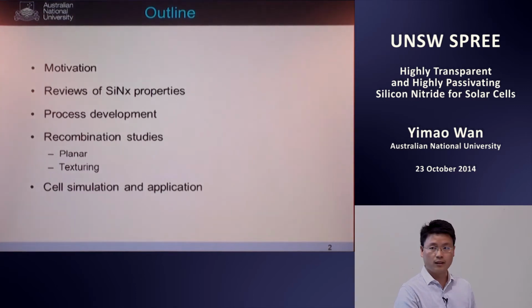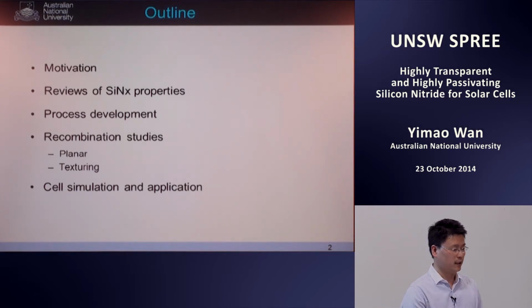So here is the outline of the talk. We'll start with the motivation and follow with some fundamental review of silicon nitride properties. Then we'll move to process development for the optimum silicon nitride, highly transparent and highly passivating.